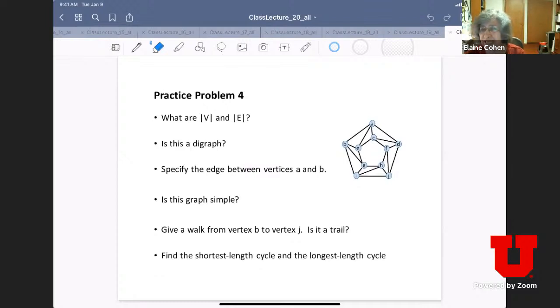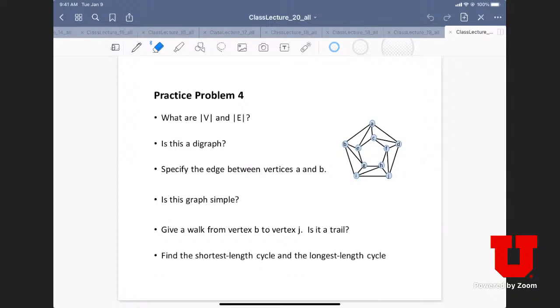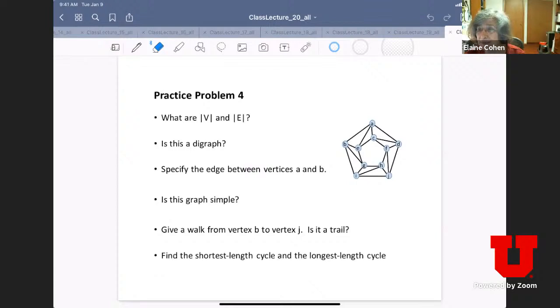What's the shortest length cycle? By the way, there's more than one. 3. It's a 3. The length is 3 for the shortest. Yes, tell me what the vertices are. B, E, G, B. Very good.